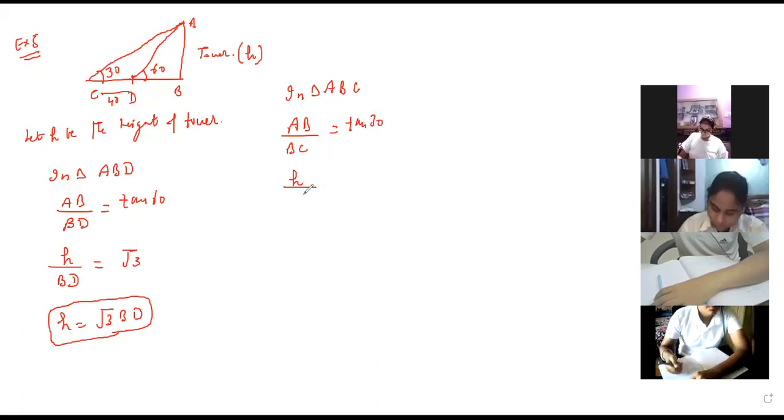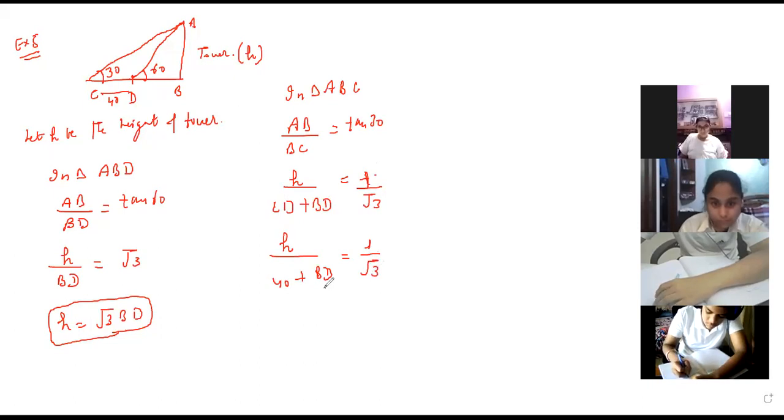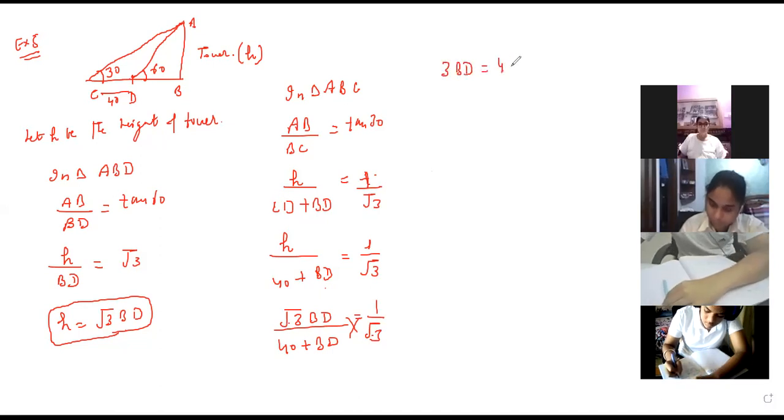AB is h. BC can be written as CD plus BD. Tan 30 is 1 over under root 3. So h upon CD, 40 plus BD, is equal to 1 over under root 3. Substitute the value of h here: under root 3 BD upon 40 plus BD is equal to 1 over under root 3. Cross multiply. Under root 3 multiplied by under root 3 is 3 BD, equal to 40 plus BD.